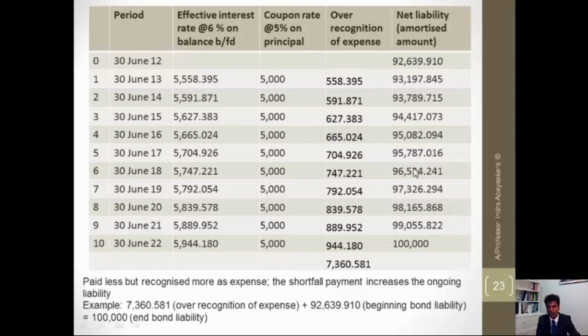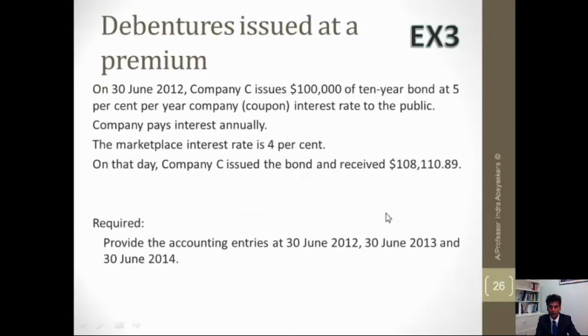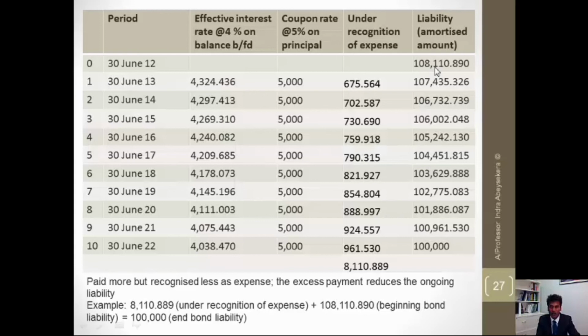So the bond liability keeps increasing from a lower amount to the settlement value. When it is a premium, we start with a higher value, and the liability keeps decreasing and becomes 100,000. We reach the settlement value in all three scenarios.